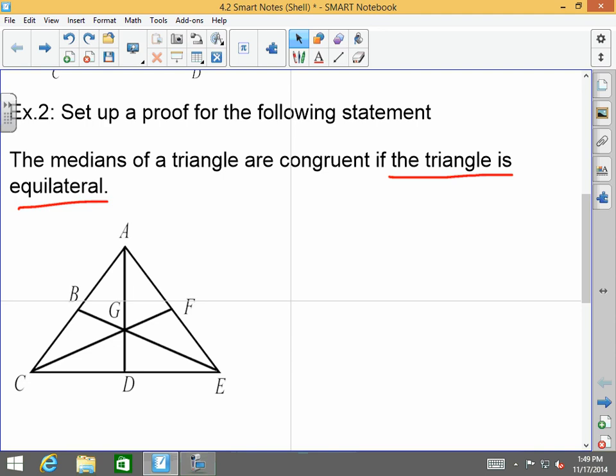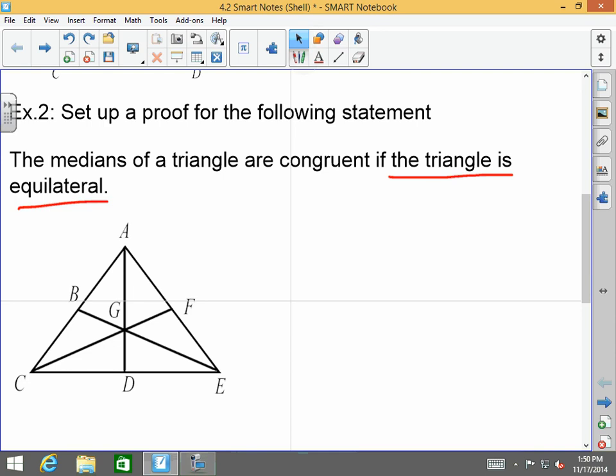Okay? That's what's given here. And what we're trying to prove is that those medians, AD, CF, and BE, are all congruent. Yes, sir? That would be the given.